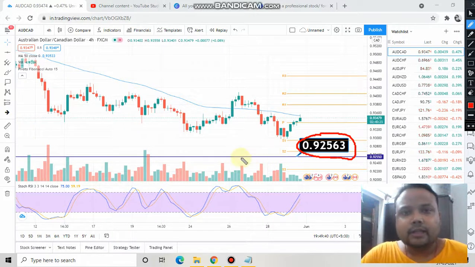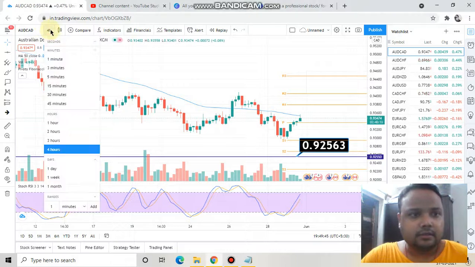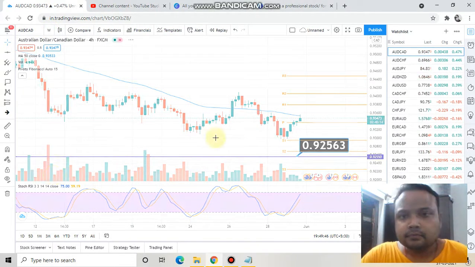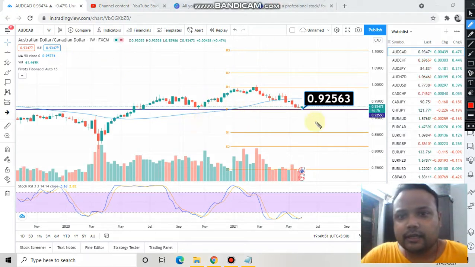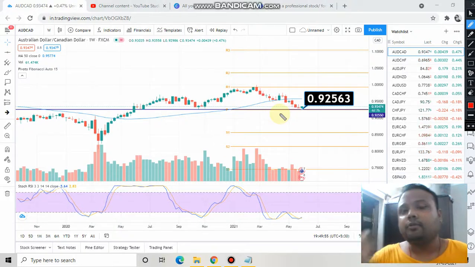This level belongs to the weekly chart and this is the support from the weekly chart. Let me show you. This is the weekly chart of AUDCAD and you can see that market has got support at this level. The support or resistance from the weekly chart or any higher time frame is very important.